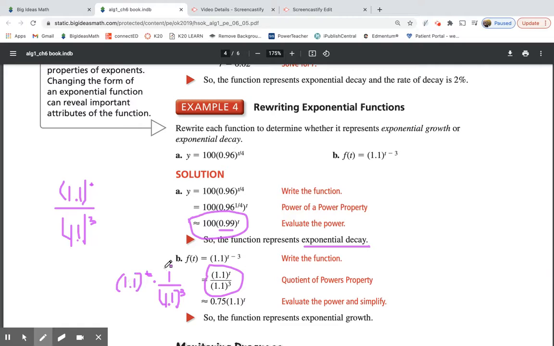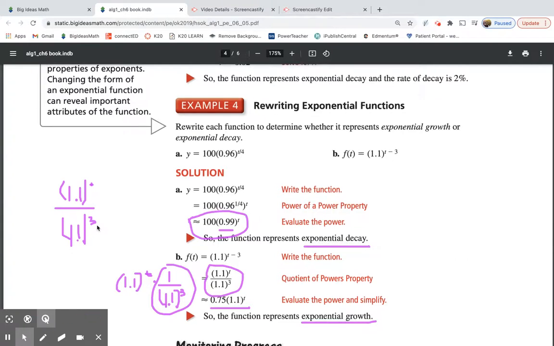If you plug this in your calculator, 1 divided by 1.1 raised to the third power, you get a long decimal, but about 0.75. That is where they got that, and they just put it out front of the 1.1 to the t power because it is being multiplied. Now that we have it in the right form, 1.1 is greater than 1, so it is exponential growth.